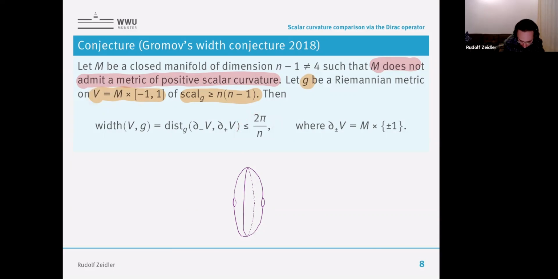So this is precisely the distance that we arrived at by these experiments with warped products.